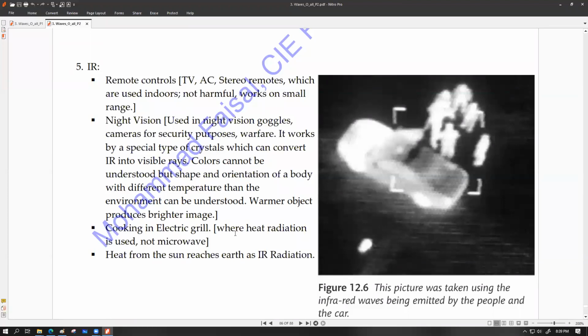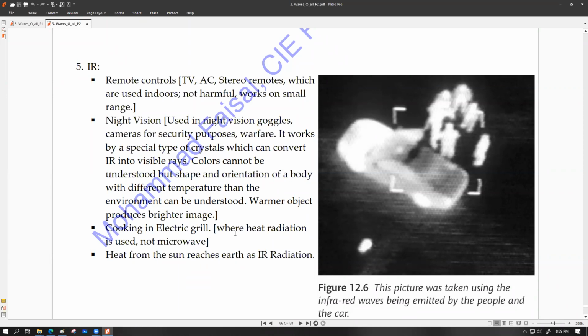So if we have to see the other spectrum, we need to have some sort of converter. So for UV light, that converter is what we call the fluorescent material. For infrared wave, there is another type of converter which is not given a name over here, but that also converts the infrared light into our eye detectable visible light. That's what night vision is all about.